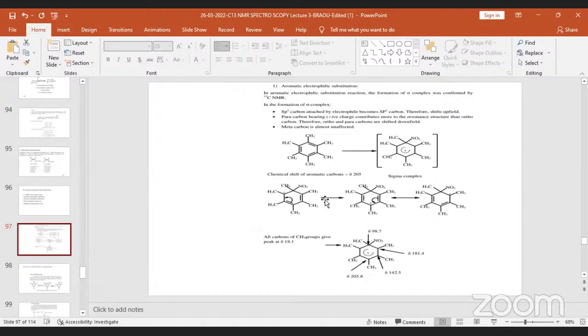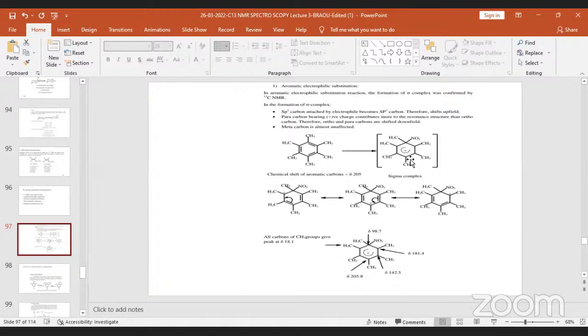You have seen the resonance structures of aromatic electrophilic substitution reactions, wherein after the attack of the electrophile, because electrons are given to the electrophile, the ortho and para carbons become electron deficient, and it is distributed on all 5 carbons. So we call it a sigma complex.